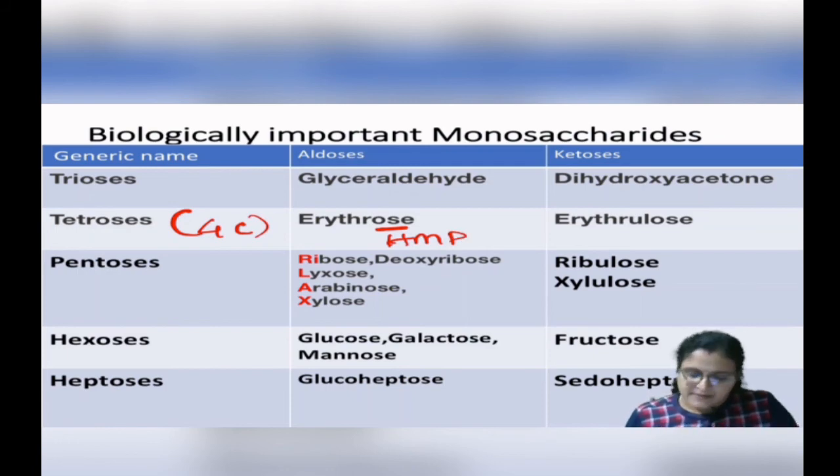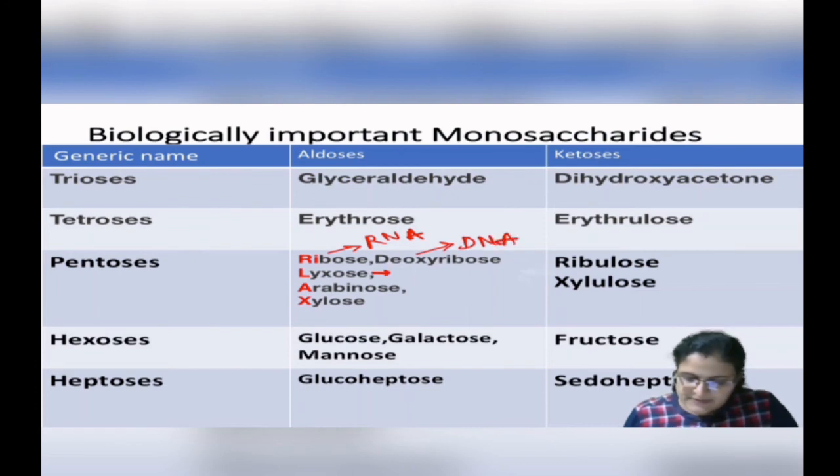Then pentoses. This contains 5 carbon atoms. Just remember, relax. For pentoses, the aldose forms: ribose, deoxyribose. Ribose is present means obviously deoxyribose is present. Then lyxose, arabinose and xylose. Ribose is a constituent of RNA. Deoxyribose is a constituent of DNA.